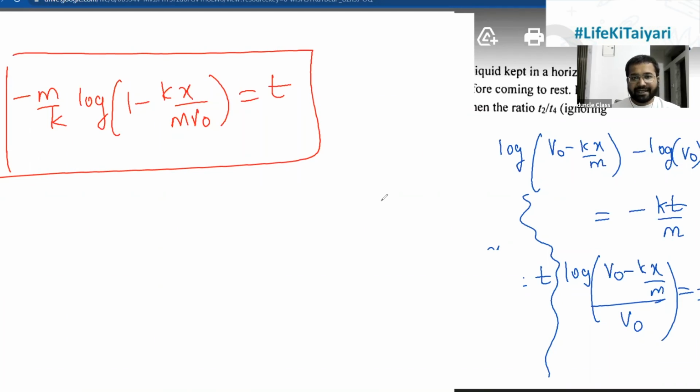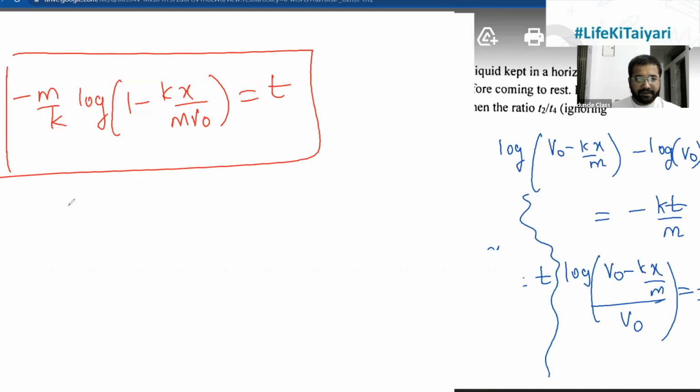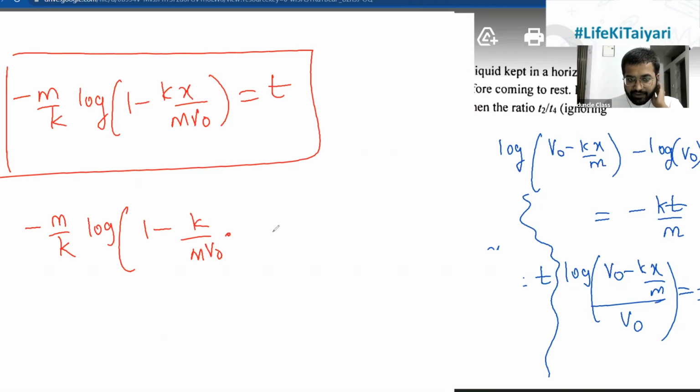Now you can find t2 upon t4. So what is it that they have given us? t2 is at distance L by 2, t4 is at distance L by 4. So minus m by k log of 1 minus k upon m v naught into x. What is k upon m v naught? One relationship that we had found out: m v naught is equal to kl.